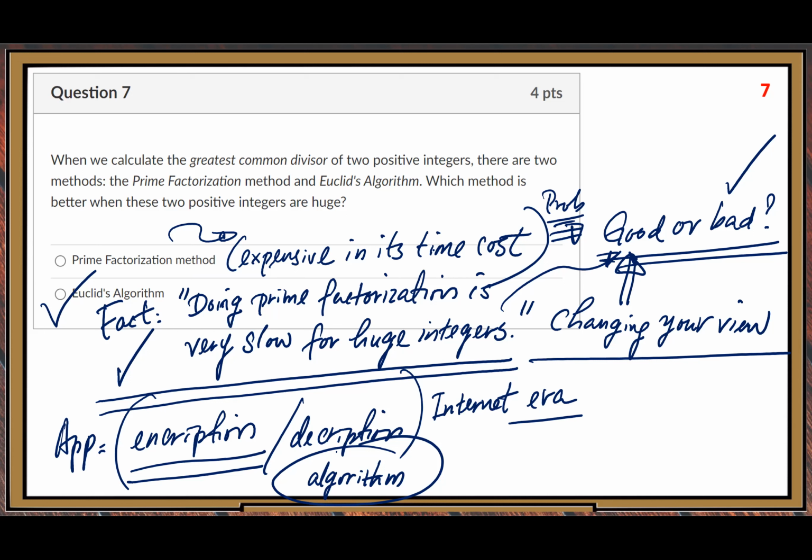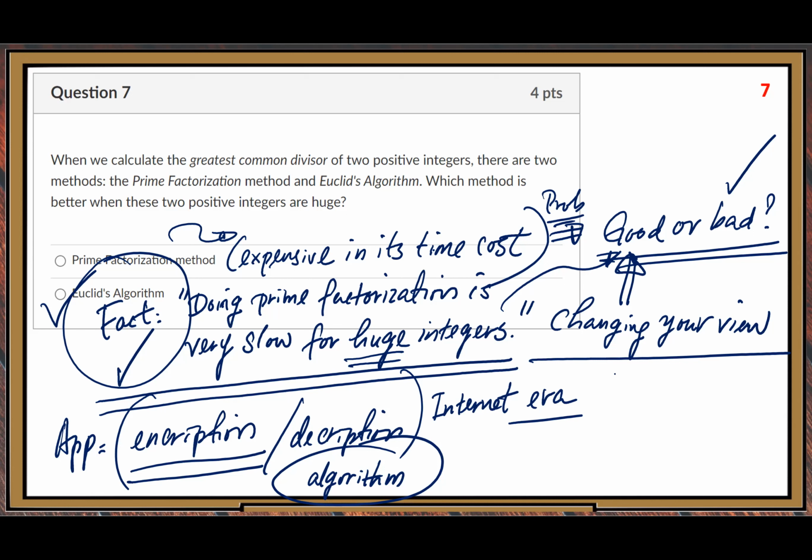That's very hard. Then a group of mathematicians noticed this fact. It is extremely hard. Even for the supercomputer, it could take years to do the prime factorization of huge numbers. But they made that behavior an extremely great property for encryption and decryption.